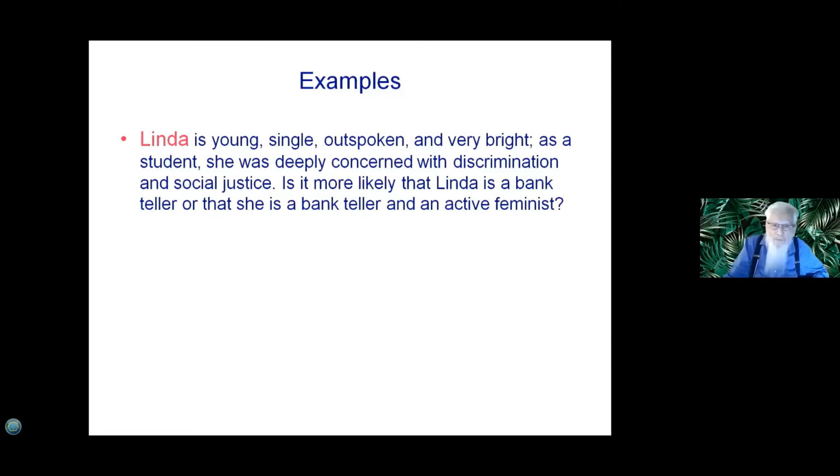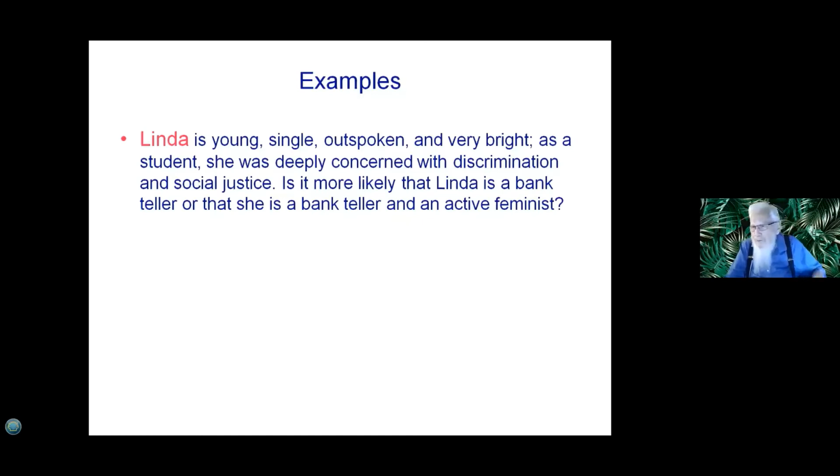As a university student, she was deeply concerned with discrimination and social justice. People in a survey were asked, is it more likely that Linda is a bank teller or that she is a bank teller and an active feminist?